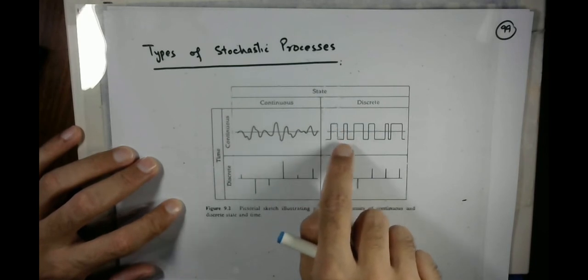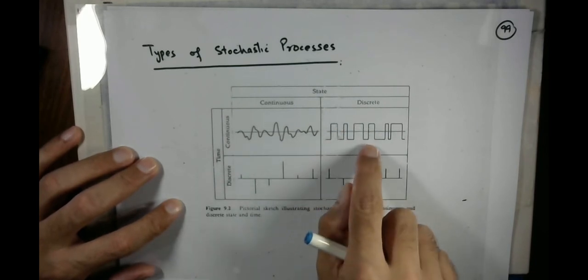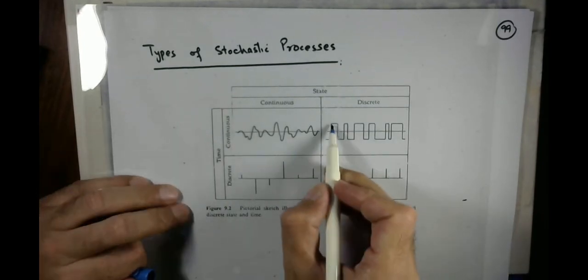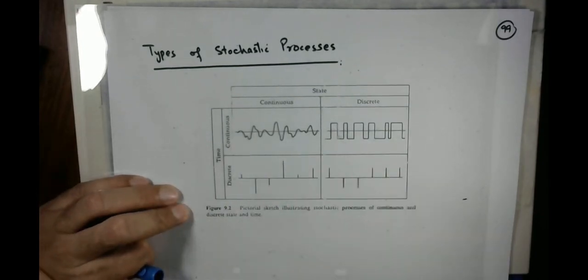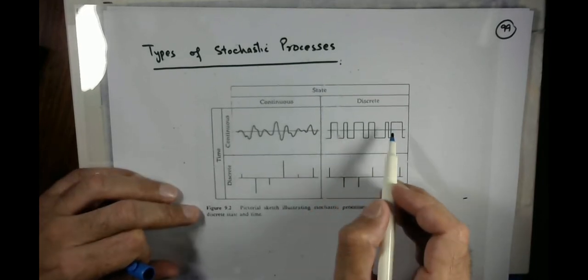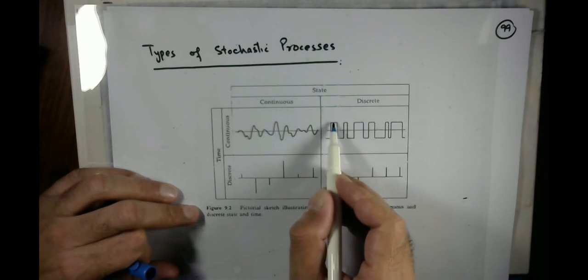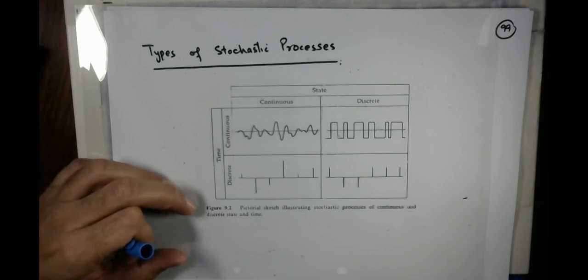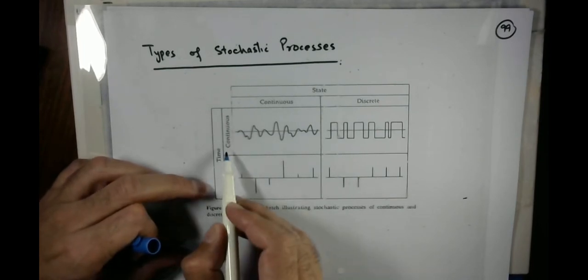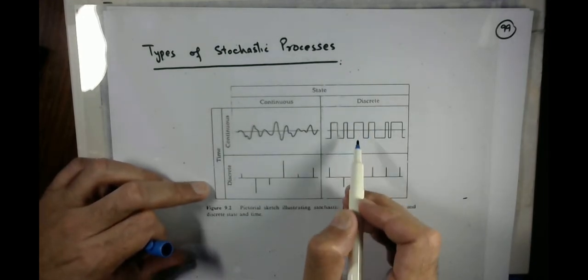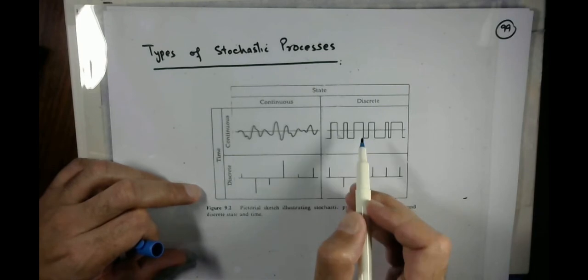Because the state of the process can be any of two values, either this higher value or this, but there is no other possibility. If you call this +1 and this -1, this process can have either a +1 or a -1 at any instant of time, and hence the time is continuous in this type and the state is discrete. So this is a continuous time discrete state process.